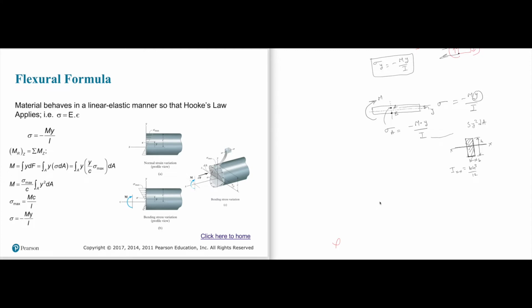But what is moment of inertia of the same shape with respect to that axis, yy? Assuming this is still B, this is H. Looking at this, is it the same? No, it is not the same. Moment of inertia with respect to the YY axis is HB cube over 12.